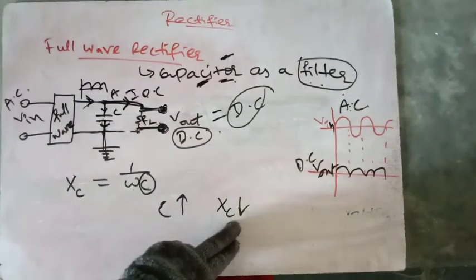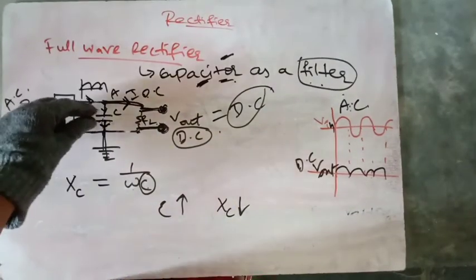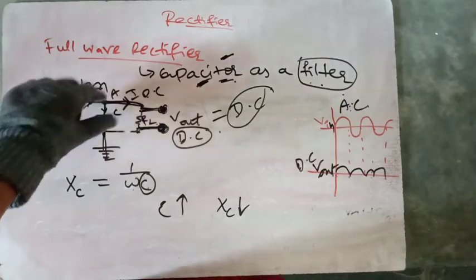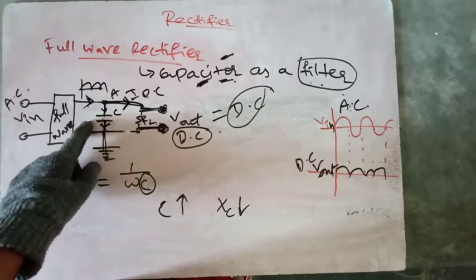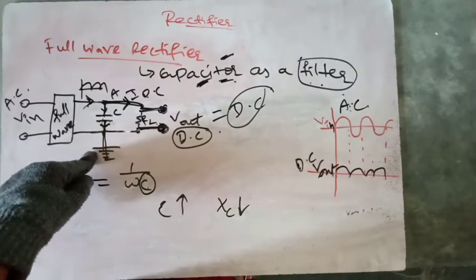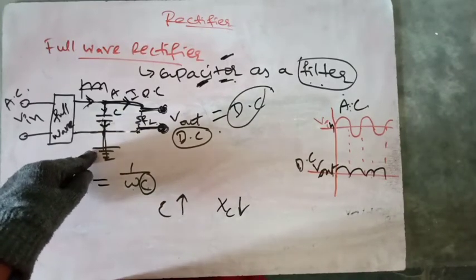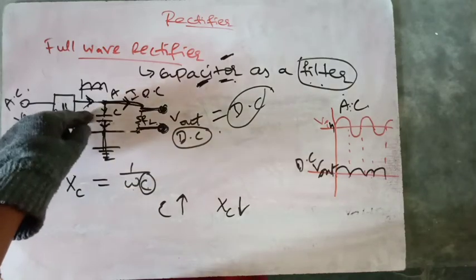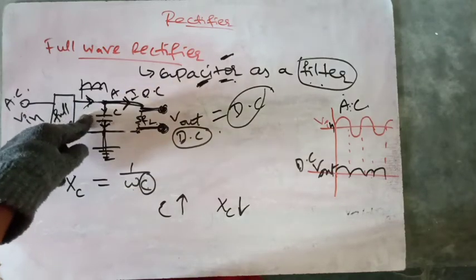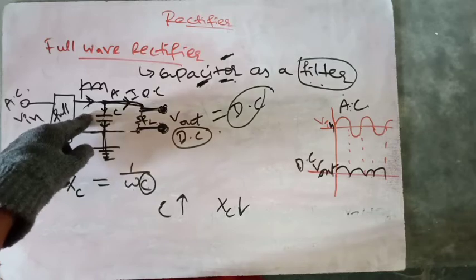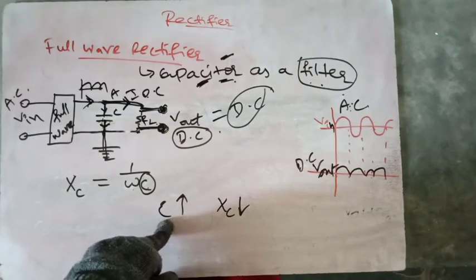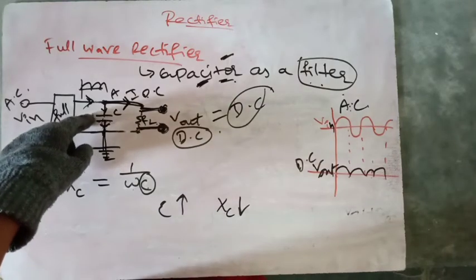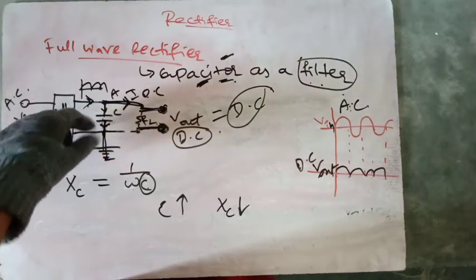Therefore, the reactance of this capacitor decreases, and it allows the flow of AC current, and it is grounded. In this way we can remove the output AC voltage. So we have to take the maximum capacitance of the capacitor.